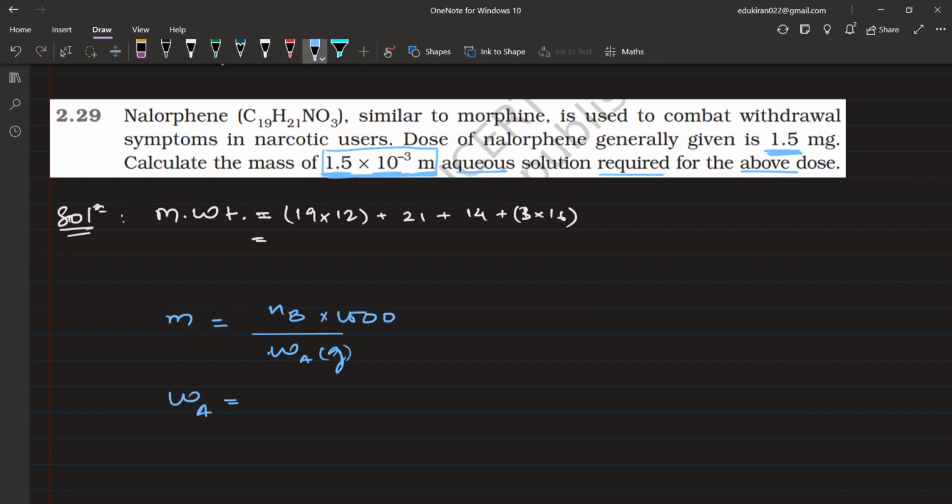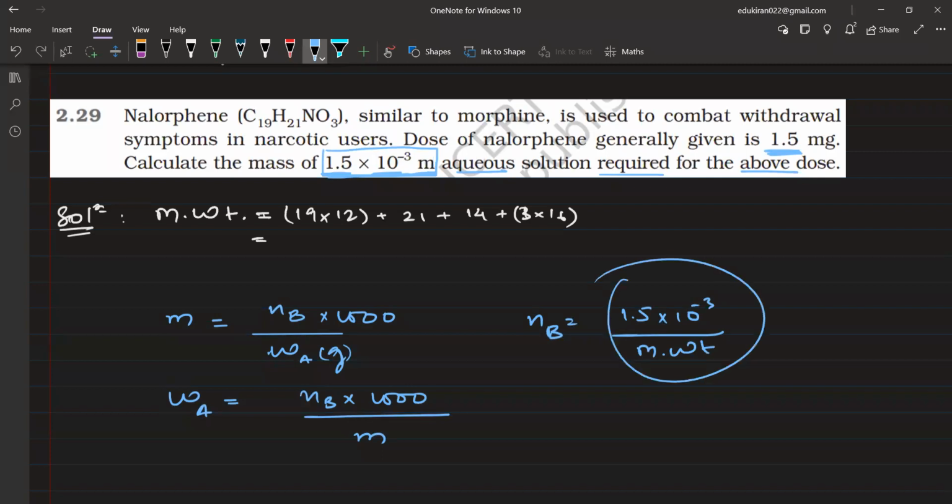WA will be equal to NB into 1000 divided by the molality, right? How will NB be calculated? NB will be equal to 1.5 into 10 to the power minus 3 divided by the molecular weight. Whatever molecular weight you get, put it here. Don't solve this, directly put it here.